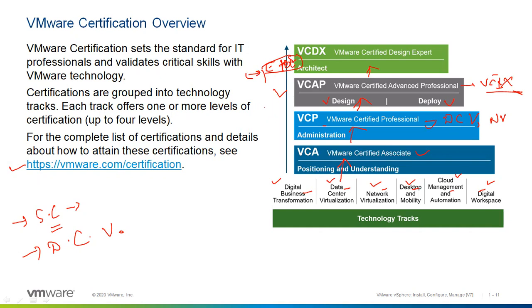You have to understand the customer requirement, and on the basis of that, create a solution, write your own thesis, and submit it to VMware. They validate it, and then they call you for an interview to defend your design. So that is the VCDX. These are the levels of certification with which you can start your journey with VMware.